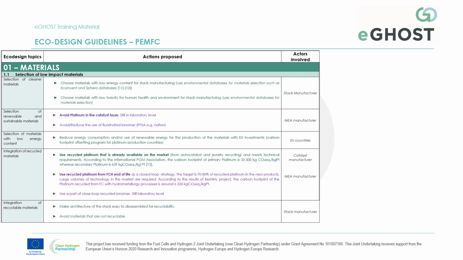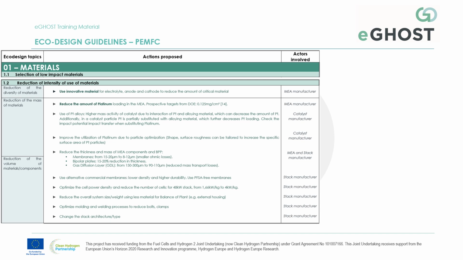Like, does this influence the stack manufacturer, the MEA manufacturer, maybe the European countries, or whatever. So which part of the value chain is involved here. So these are all the eco-design actions guidelines for the materials.